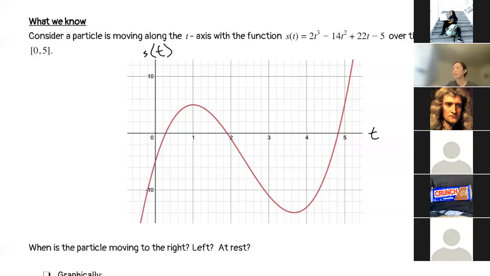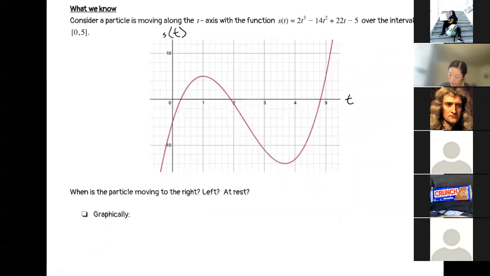And we're only looking at this over the interval from 0 to 5. Now, a question that we can maybe take a look at is this. I'm wondering, when is the particle moving to the right? When is it moving to the left? And when is it at rest?